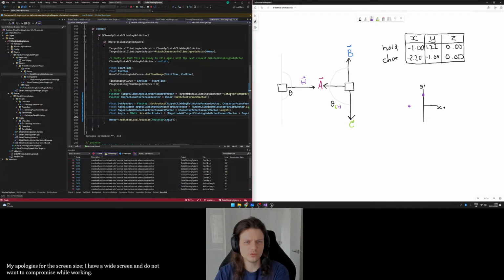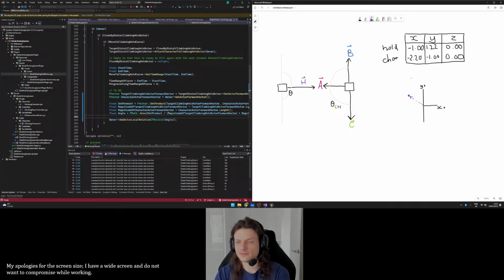It says actor forward vector. It means that it's here, but where is it pointing? It's pointing from 0 to there, so it's doing this, which can't be right. So I'm missing something.